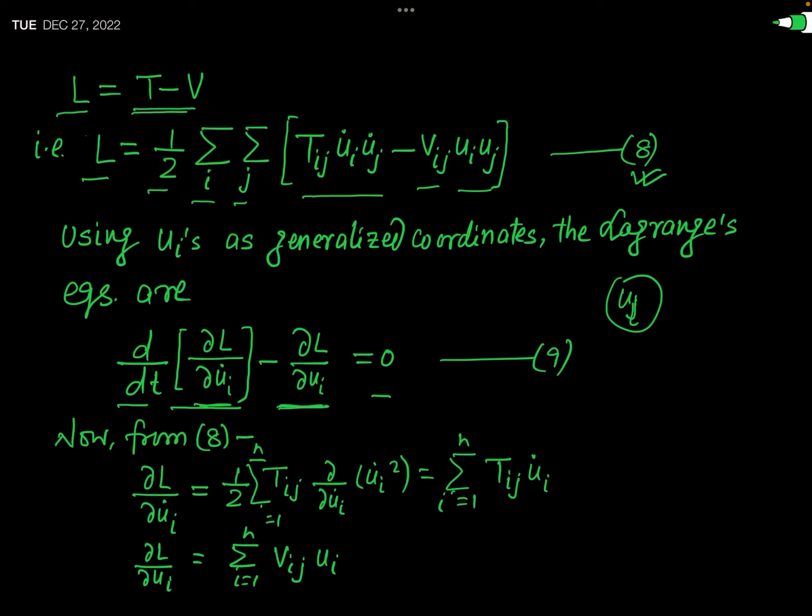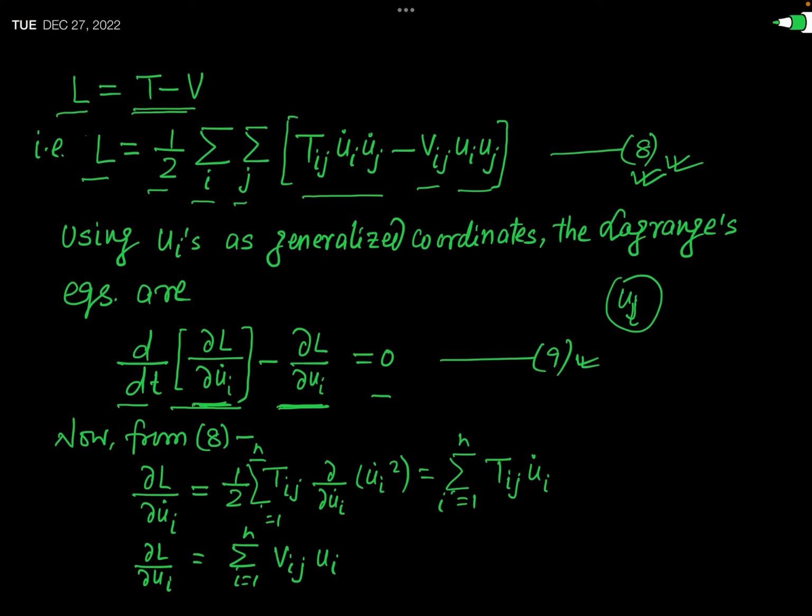So now we will differentiate equation 8 partially with respect to ui dot and with respect to ui to find the values of these two partial derivatives. After obtaining them, we will simply substitute these values in equation 9, and we will get the equation of motion for this small oscillation.